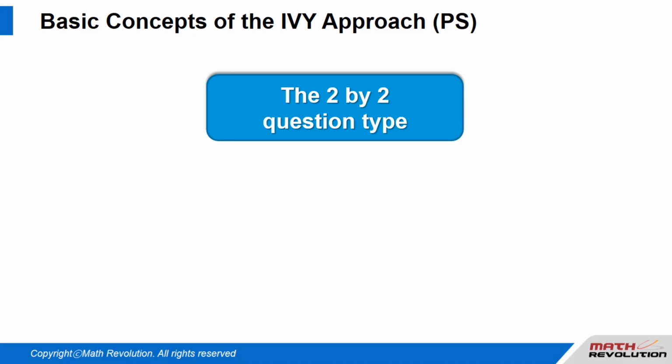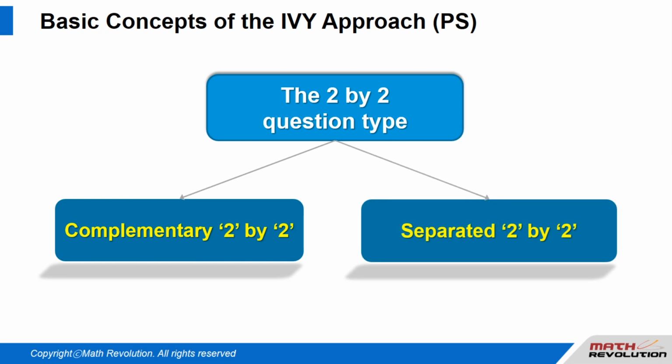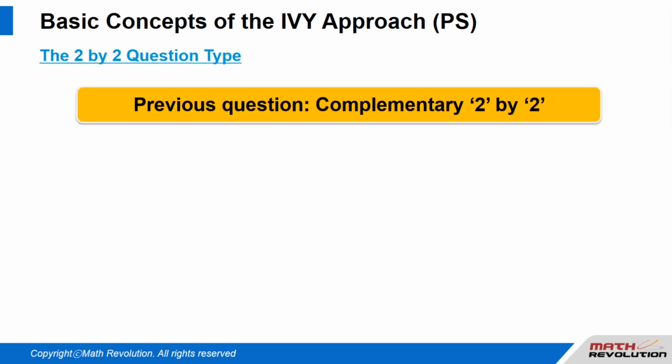2x2 question types. The 2x2 question type also frequently appears on the GMAT and is a basic concept of the IV approach. The 2x2 question type can be further categorized as complementary 2x2 and separated 2x2. The previous question is an example of complementary 2x2, which can be explained by the table below.